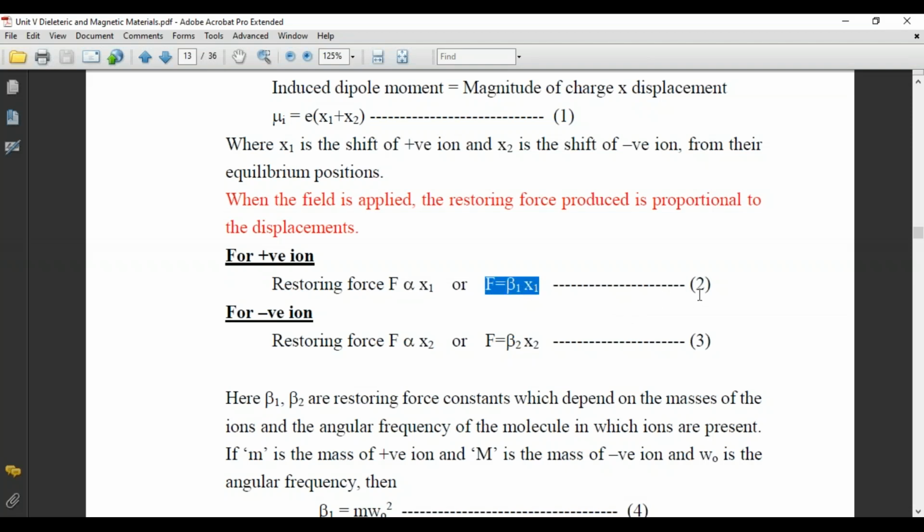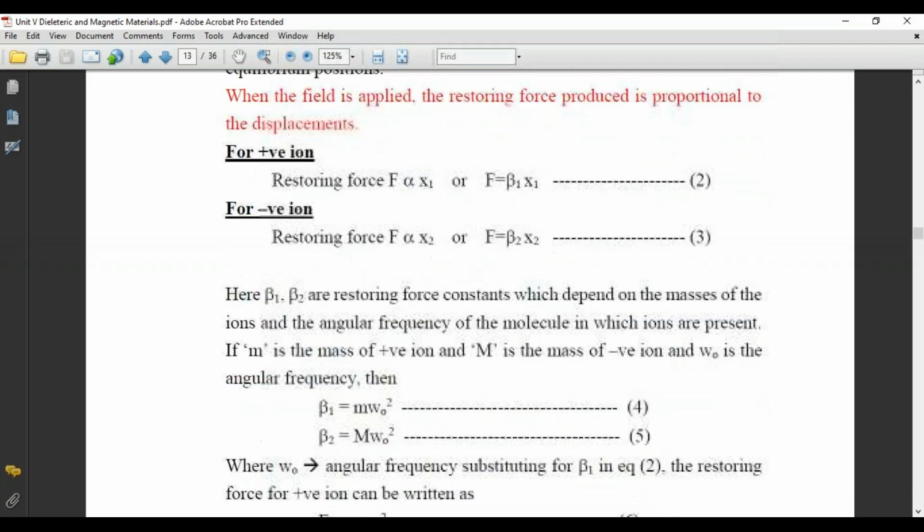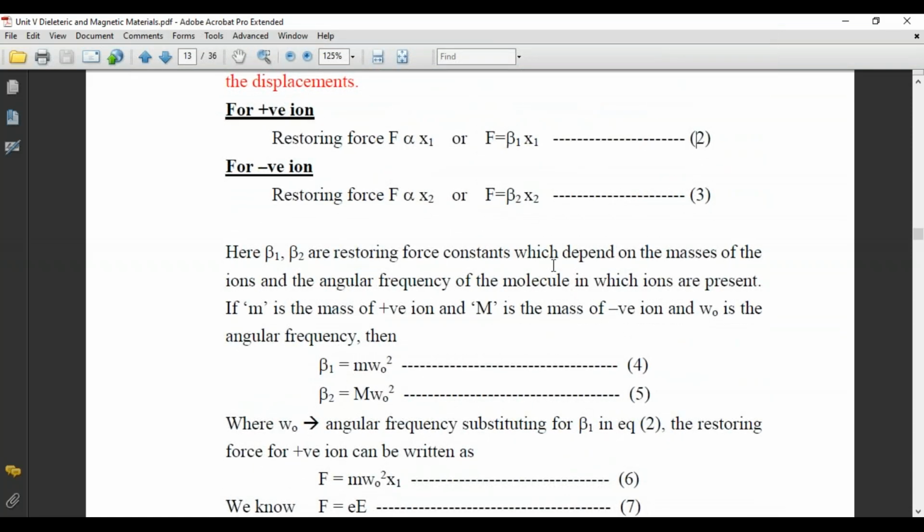That is equation 2. Similarly, for the negative ion, F equals beta 2 x2. That is equation 3. Here beta 1 and beta 2 are restoring force constants, which depend upon the frequency of the molecule in which the ions are present.